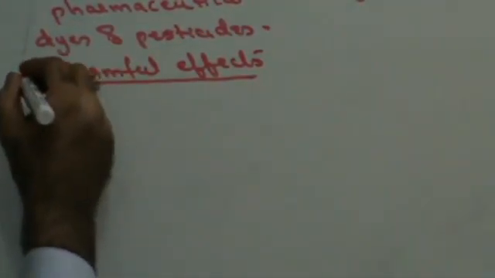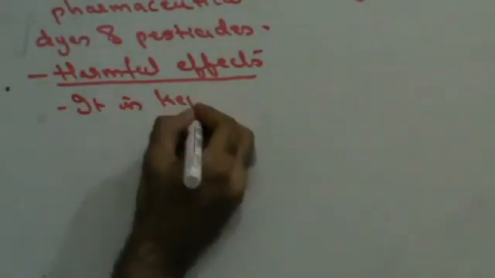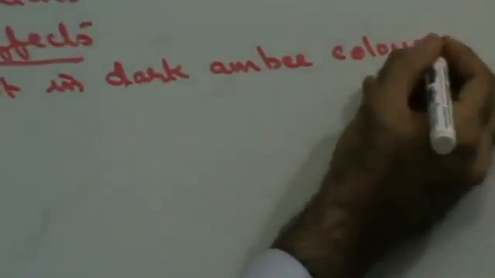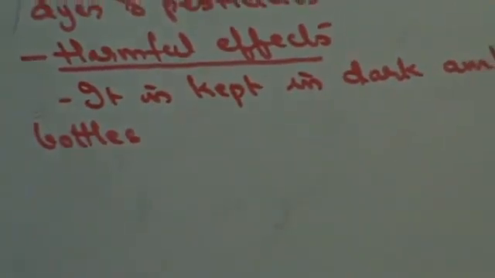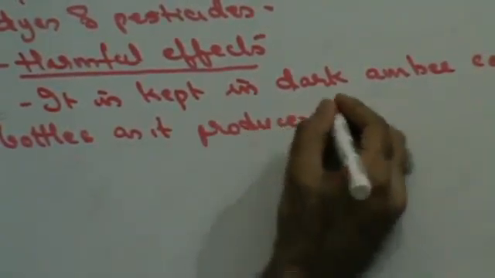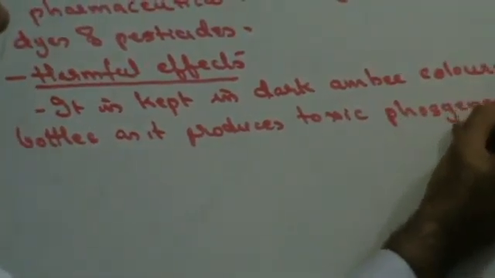Harmful effects of chloroform. It is kept in dark amber colored bottles as it produces toxic phosgene gas.